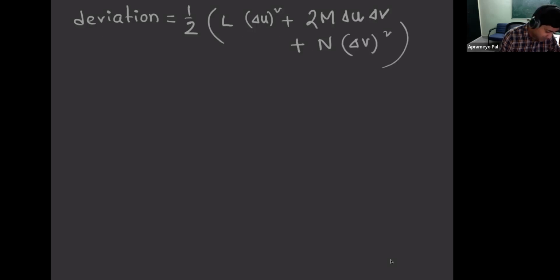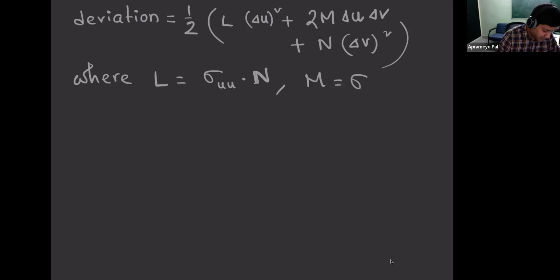So what is this L, M, N? Where L is sigma uu dot N. This N is the normal. Yeah, it's a bad notation, I'm sorry for this.